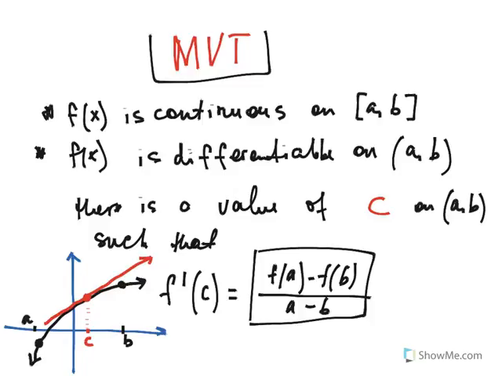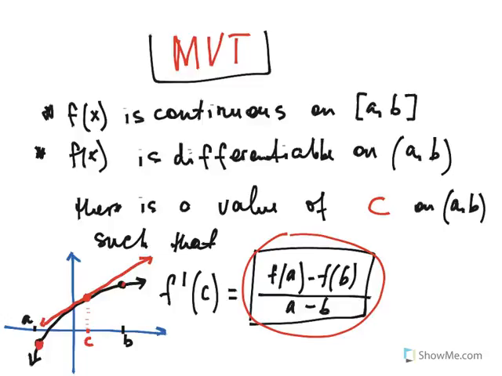Now it says the derivative of your function at x equals c, in other words the slope of this particular tangent line, is equivalent to this slope right here. How do you find it? The value of this expression. So it's f of b minus f of a over b minus a. Remember y2 minus y1 over x2 minus x1. So we're basically considering these two endpoints.